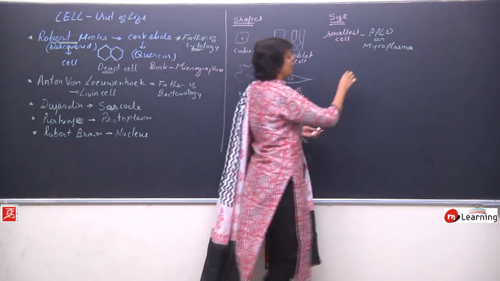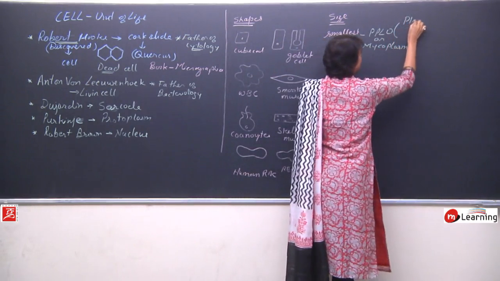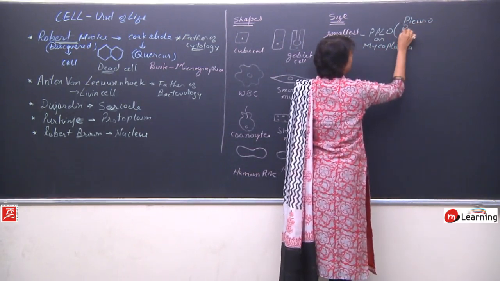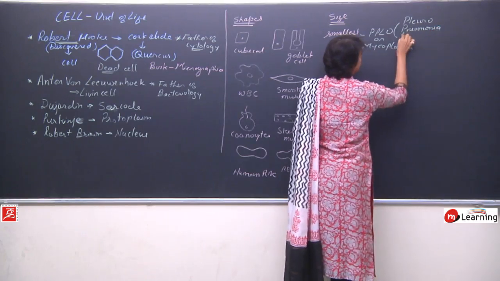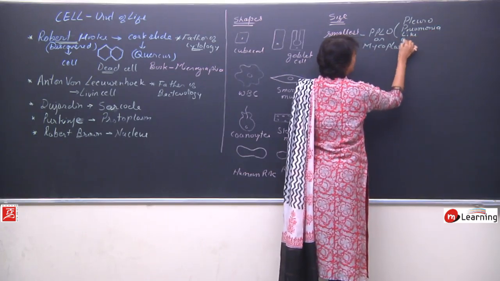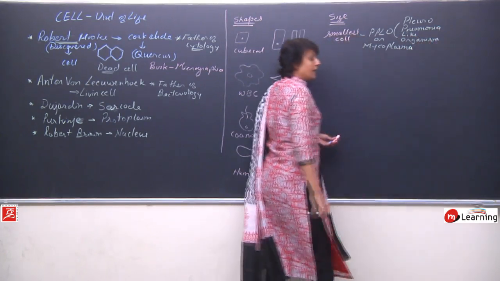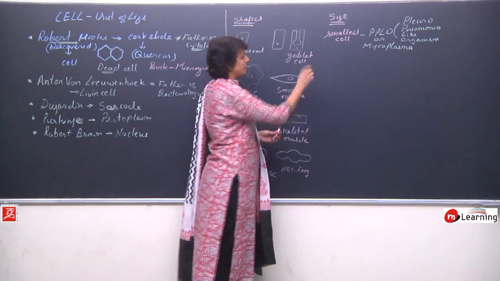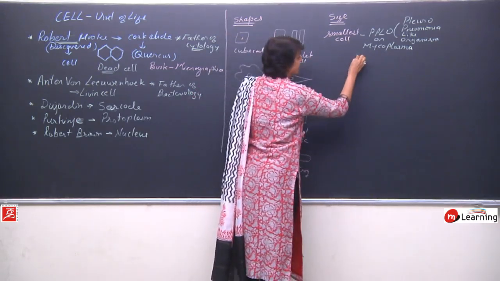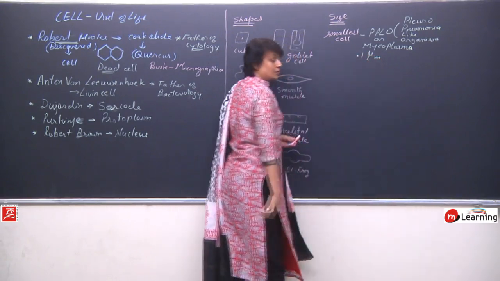PPLO, the full form is pleuropneumonia-like organism. It is placed between viruses and bacteria. This is the smallest cell. The size is approximately 0.1 micrometers.